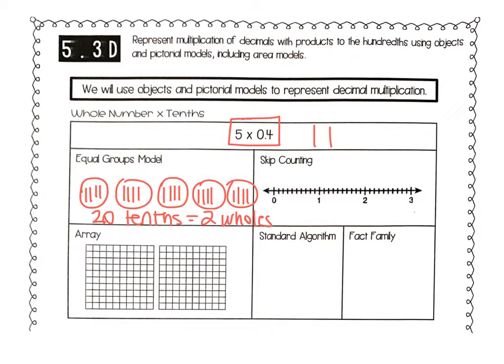Now I can also do skip counting. So I want to skip 5 times, and each time I'm going to skip 4 tenths. So I'm going to start at my 0. I'm going to hop 4 tenths.